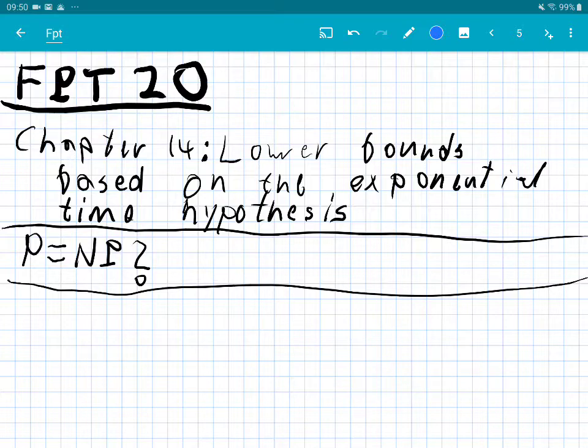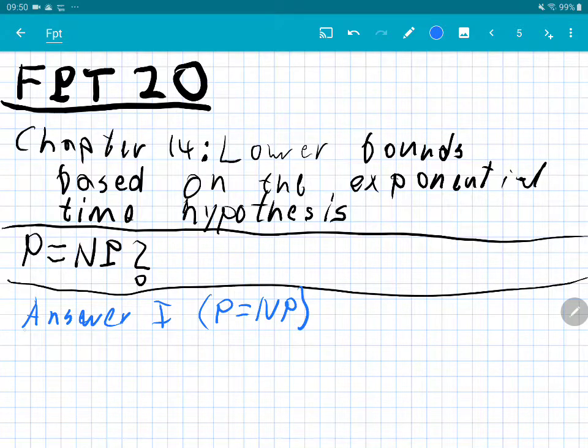So let me show you two scenarios of answers for this question that might be true, and both of them are in some sense not helpful. The first possibility is that in fact we can solve 3SAT. So answer 1: this would be P equal NP.